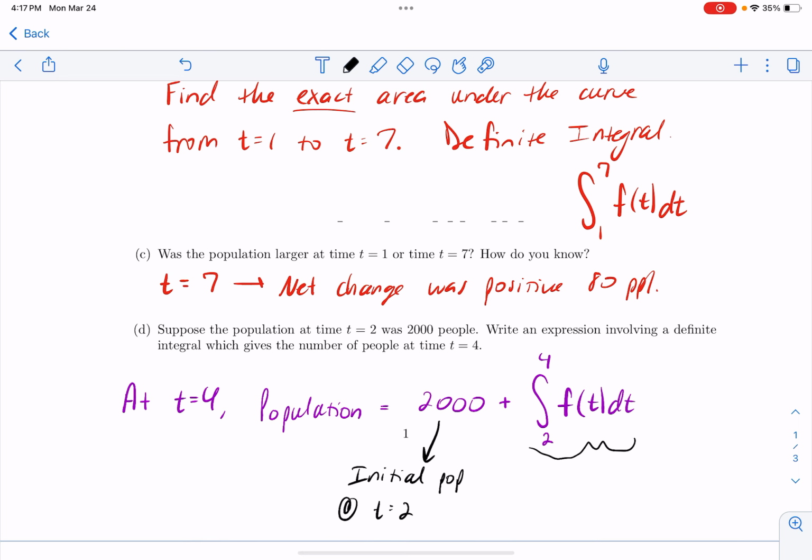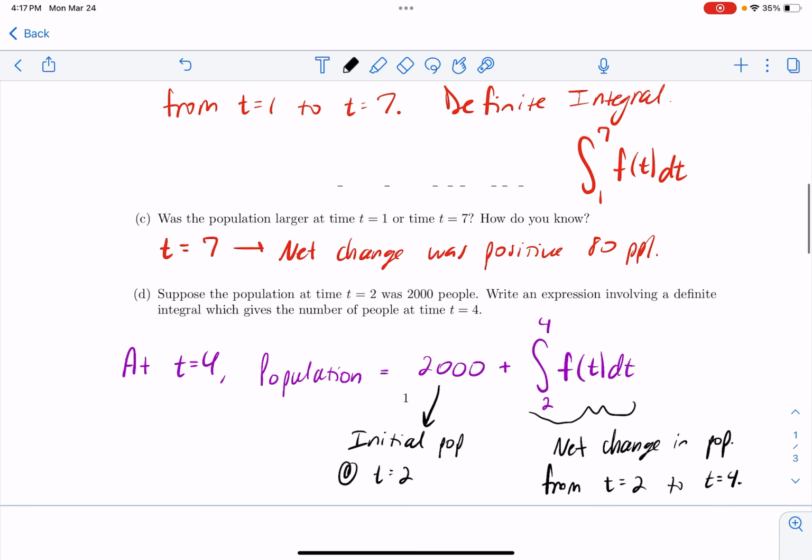All of this represents the net change in population from t equals 2 to t equals 4. Okay, so hopefully that's clear, that would give you the exact answer, right? This represents the exact answer.